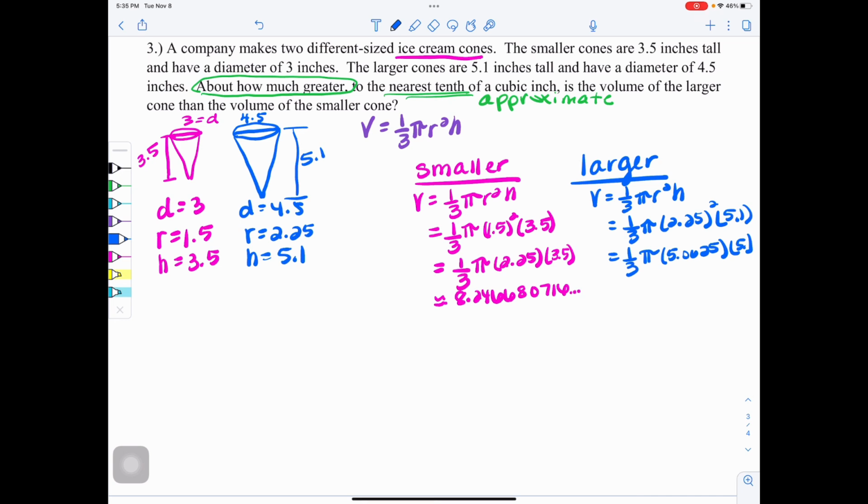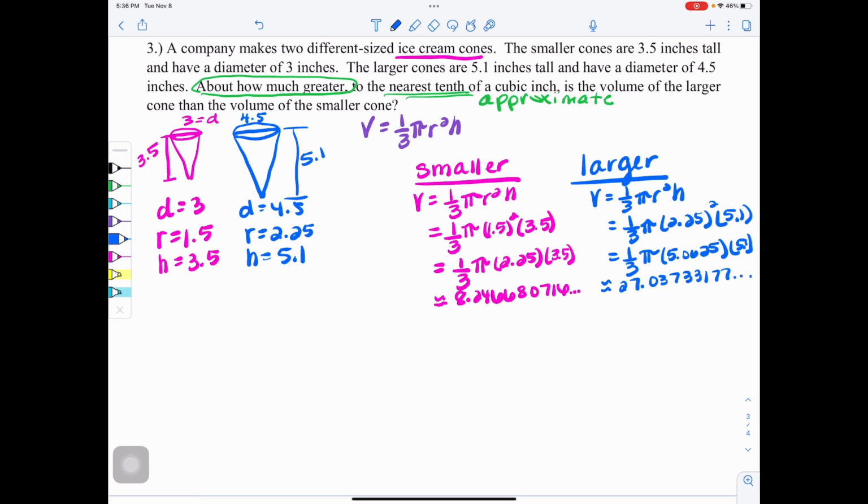So again, this is all multiplication. So we're going to do the 5.1 times the 5.0625 times pi, and also times 1/3. So we end up with approximately 27.037333177. It's going to keep going.